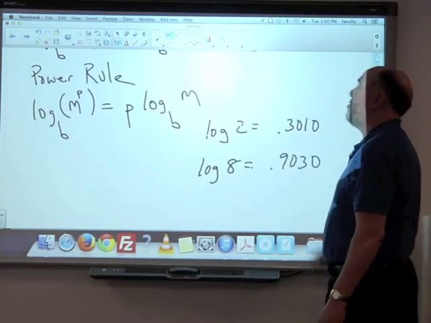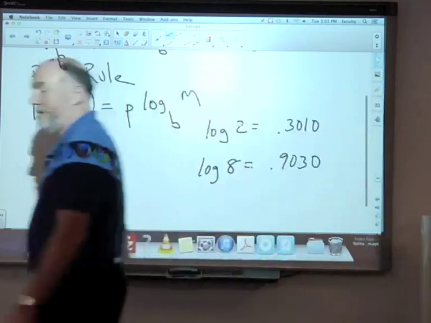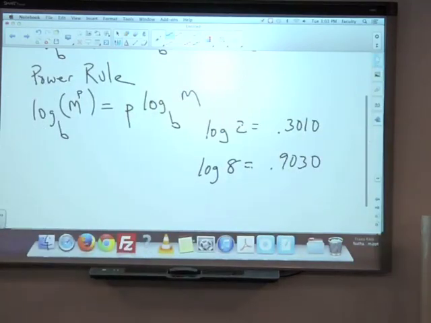What is 2 to the third power? It is 8. So 0.3010 multiplied by 3 gives you 0.9030. So we got product rule, quotient rule, and the power rule.